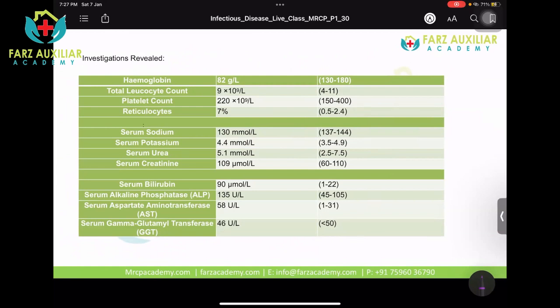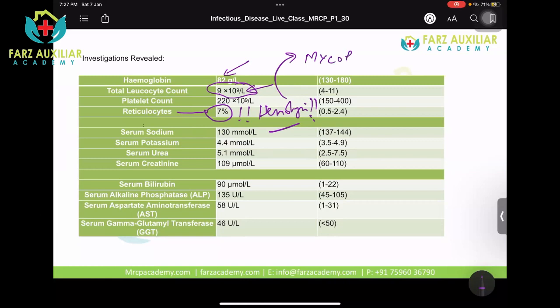So let's go through the investigations. Hb is 8.2, or 82 grams per liter. Total count is almost normal, with reticulocytes increased to 7%. My God, hemolysis is happening somewhere. Which infection has hemolysis at the core of its pathogenesis? Mycoplasma?